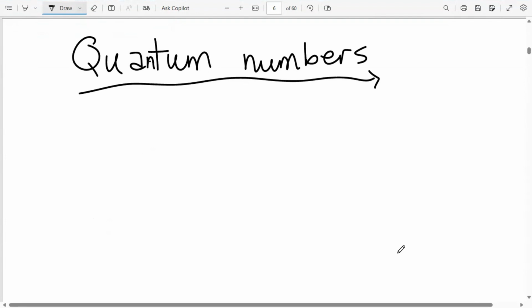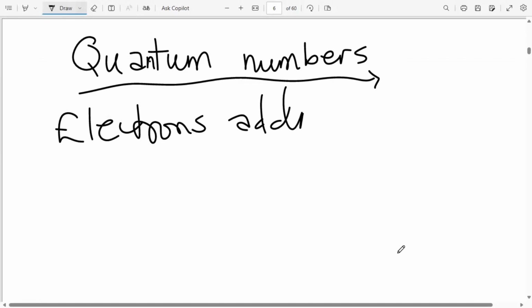So what are these things that we call quantum numbers? In short, if I want to describe them in the simplest manner, these are a set of numbers that are responsible for giving us the actual address of an electron in the shell. So these are giving us the electron's address in a specific shell.